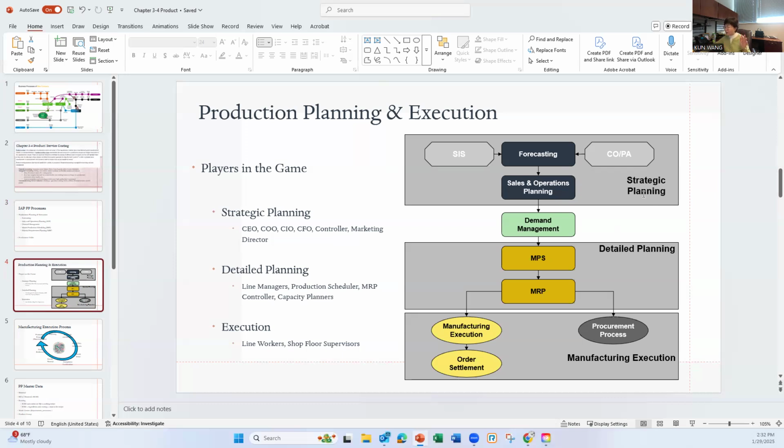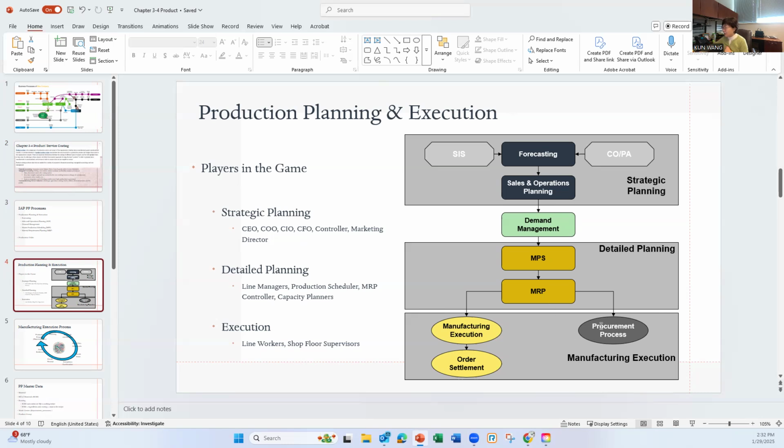So like a higher, forward-looking level. And demand management acts as something between your strategic and detailed planning. Detailed planning will get into the concrete resource planning for each of the processes involved in this procedure.